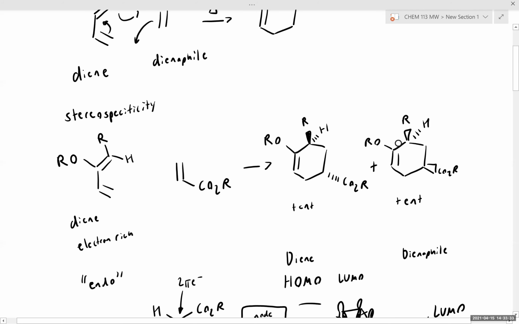The beautiful thing about the Diels Alder reaction is it allows us to set multiple stereocenters with stereospecificity. And now you may say, in this reaction, we would get two different stereoisomeric products and their enantiomer.